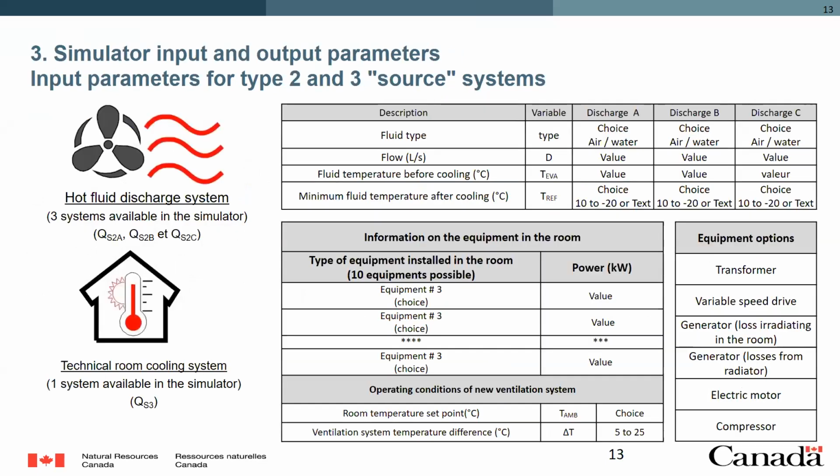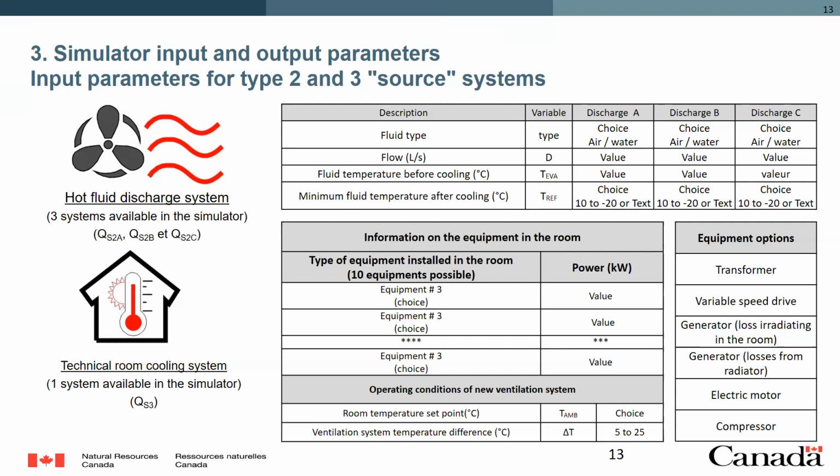In case of the type 2, which are the hot fluid discharge systems, there's a choice of whether the type of fluid is air or water. And after that, the flow has to be specified.